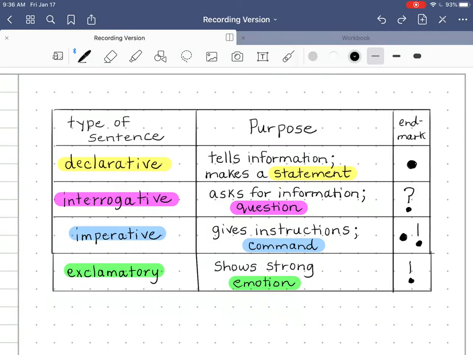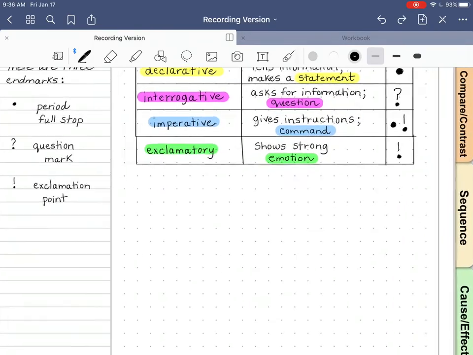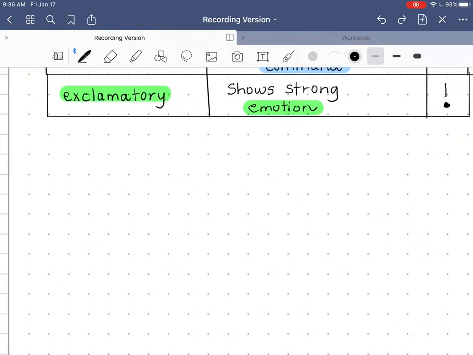Okay, let's look at some examples. And I'm going to help you figure out which end mark we need. So we're going to start with this one. Tomorrow is Friday.